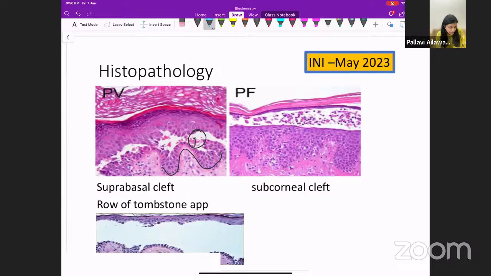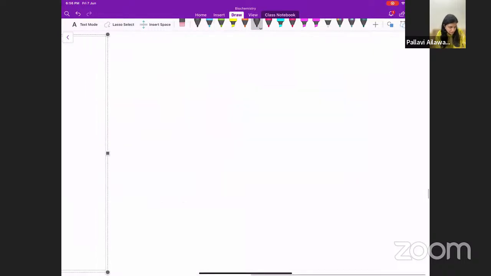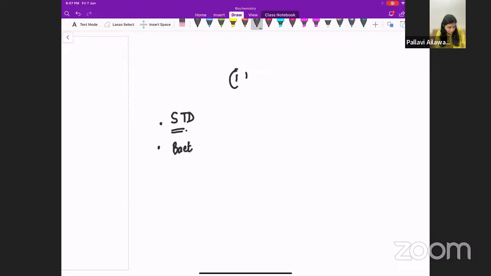Now, if we write the important questions from every exam, I will tell you the most important topic that you have to know without any doubt is STDs. Genital ulcer or a disease on vaginal discharge has been asked in almost every exam over the last 5 years. Second most important topic are the bacterial infections.